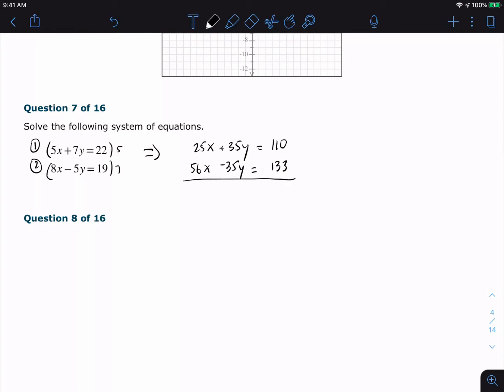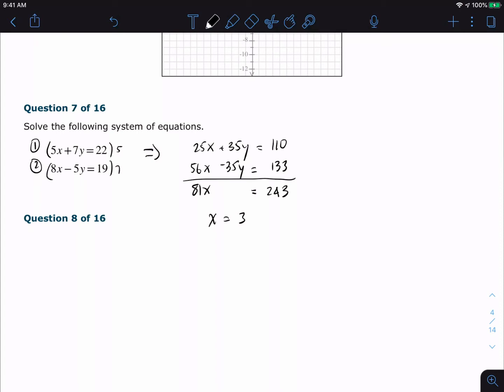So I'm going to do what's called the elimination method, and I'm just going to add straight down. So 25 plus 56 is going to be 81x. The y's are going to cancel away, correct? Yeah. And then I'm going to get 243 for my total. And then I'm going to divide by 81. So 243 divided by 81 is going to give me 3. So now I know what my x value is.